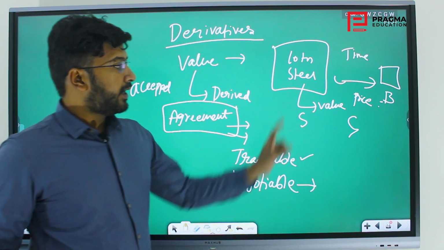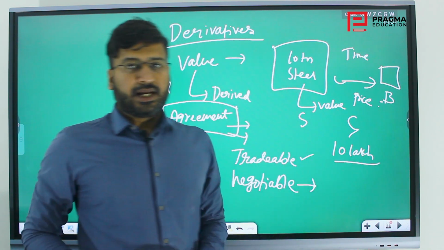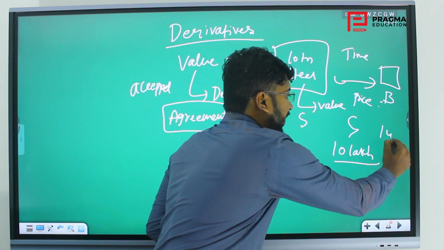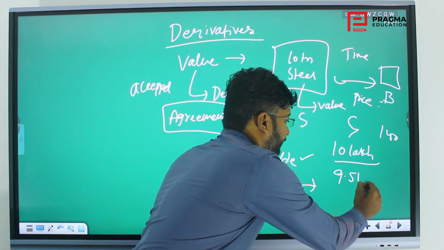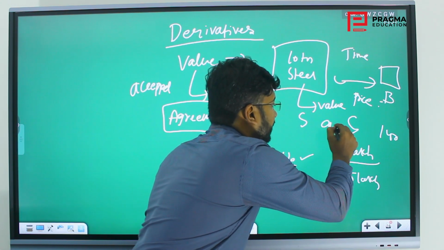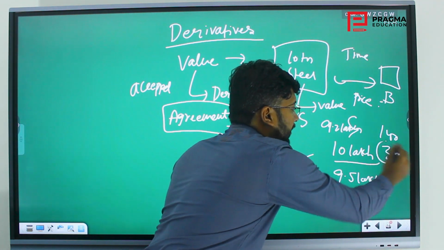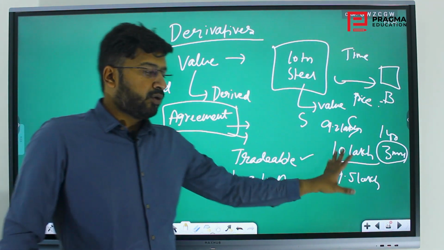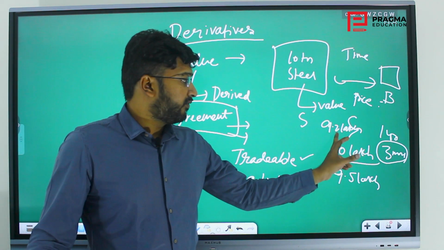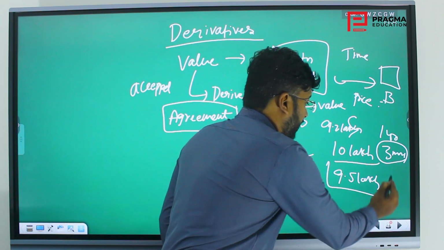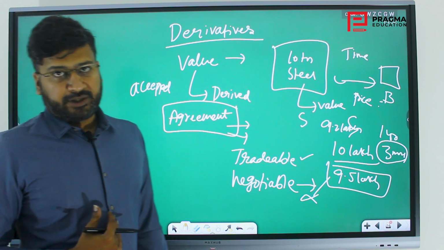Negotiable means the underlying value, as I discussed in the example. Say suppose the underlying value is 10 lakhs, but I have to wait for 1 year to get that 10 lakh face value. So I will be ready to sell it at 9.5 lakh. I may have paid 9.2 lakh in the beginning, but after 3 months I got a requirement, or I don't think this asset is going to fetch me money, so I'll try to sell it off. After I get 9.5 lakh, I'll invest in some other asset which I think will benefit me.